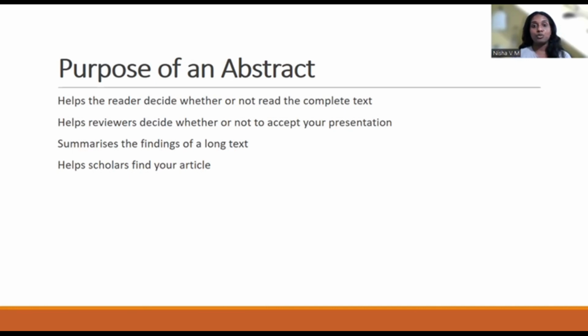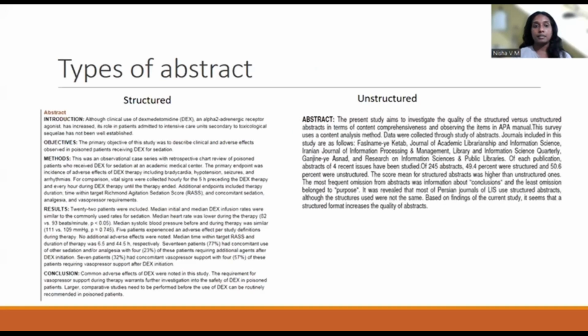And in case of conferences, it helps the reviewers decide whether to accept or reject your presentation. It is a summary of your work which you want to present in the article or your presentation. It also helps the scholars to find their research articles.